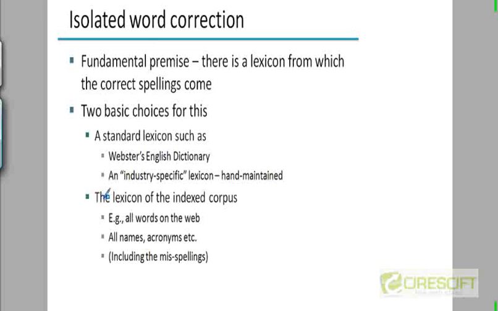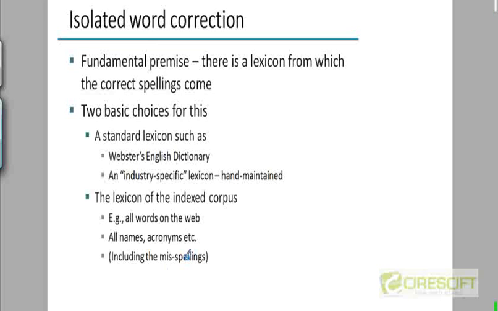Another alternative is to just treat all the words in the documents of your corpus as making up the reference dictionary. Okay, so all the names, all the acronyms, all the terms that you are left with when you parse your corpus, they all will determine what the reference dictionary is.